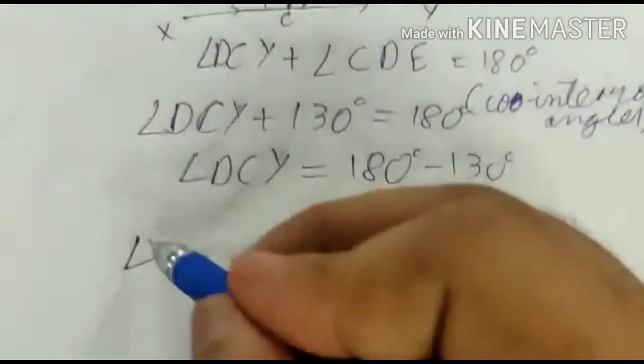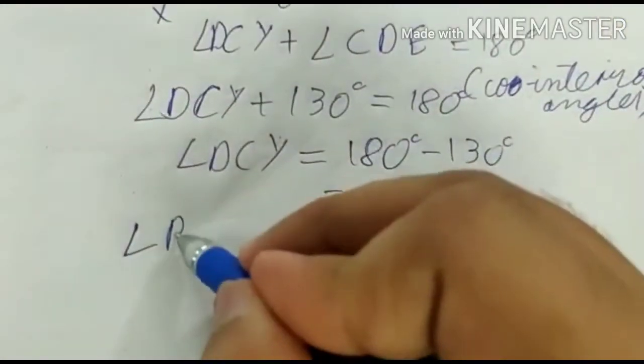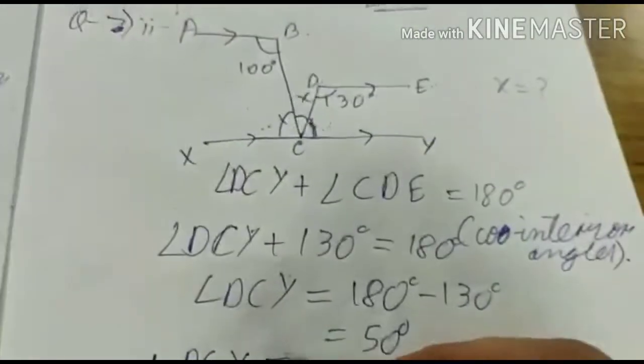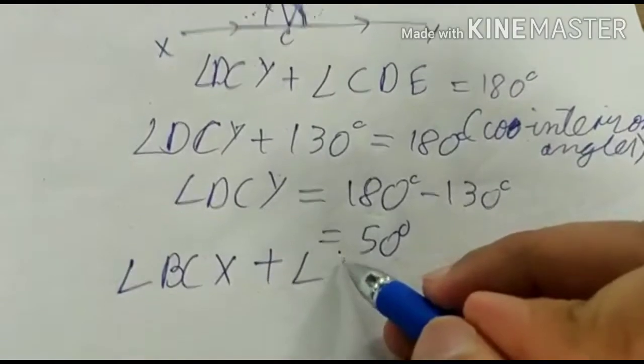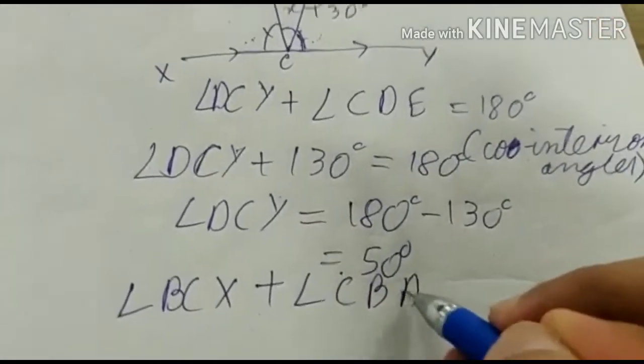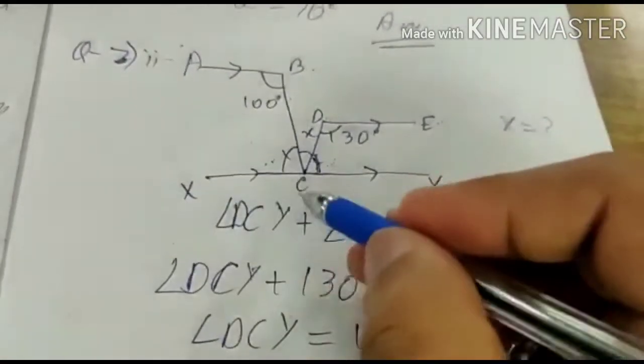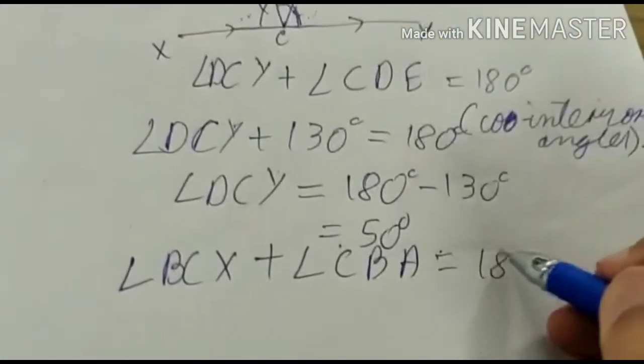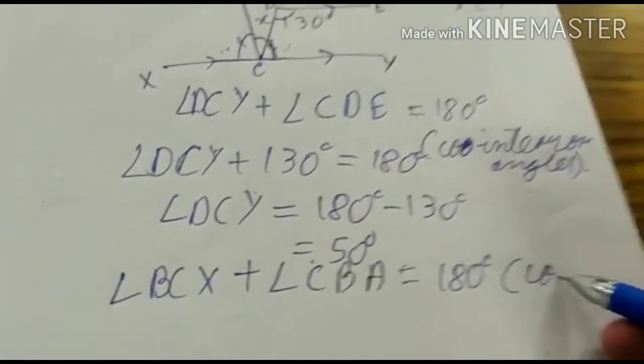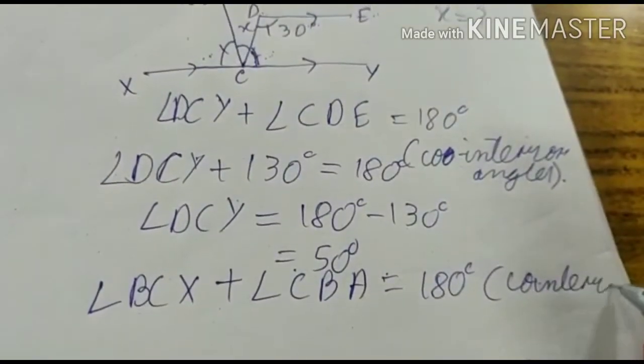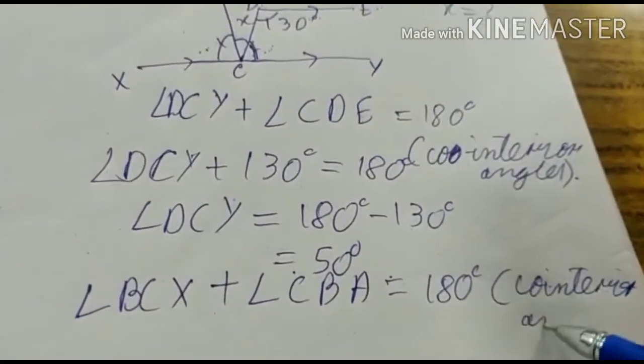So angle BCX plus angle CBA, or ABC, equals 180 degrees, co-interior angles.